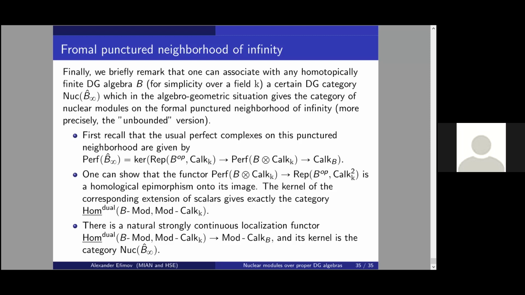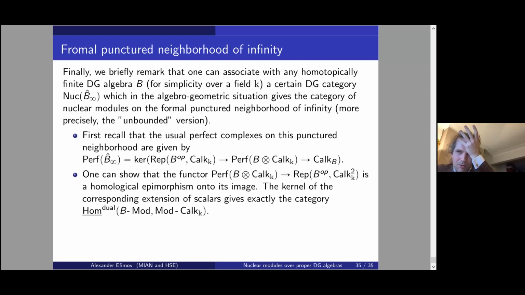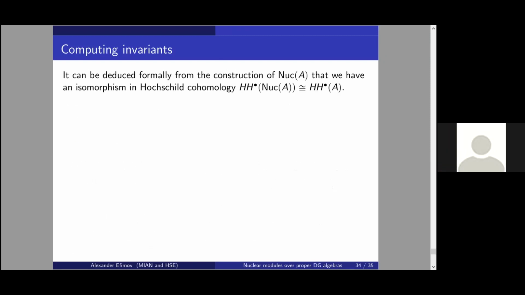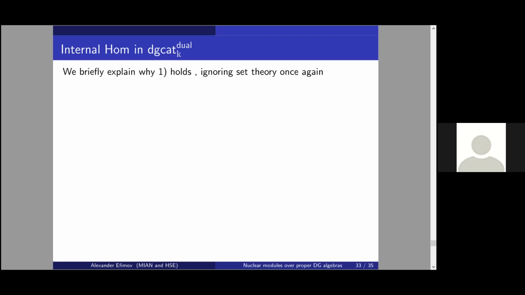No. If you just take strongly continuous, you get the usual ones. They correspond just to the usual pseudo-perfect modules. Wait, but you had the statement that nuclear modules are precisely this internal Hom from mod A to mod K in this dualizable. No, but this internal Hom in this complicated category.